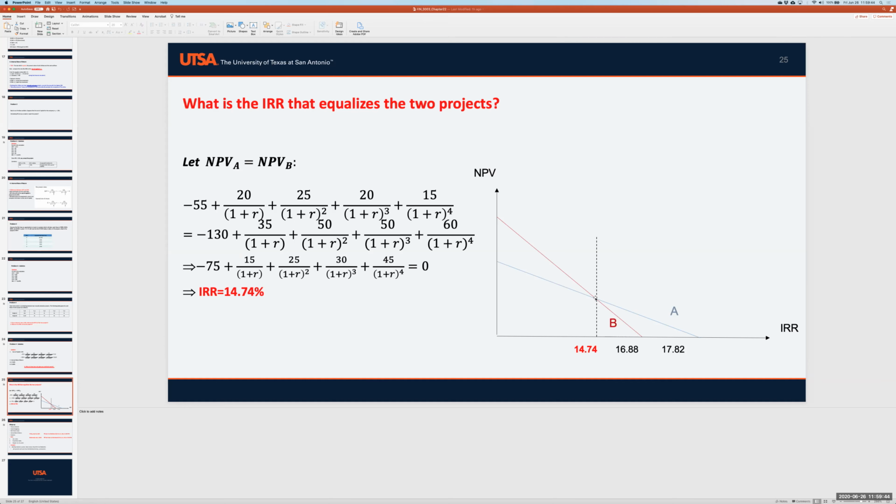If the IRR is 14.74, these 2 projects have 0 NPV. So we should be very cautious when we compare the IRRs and NPVs.